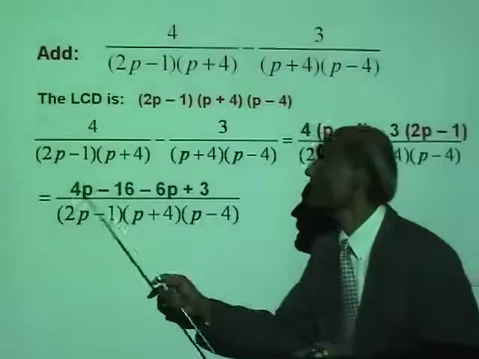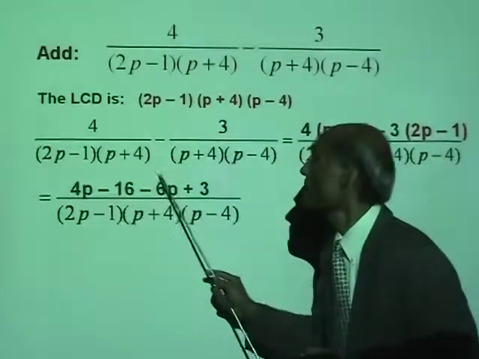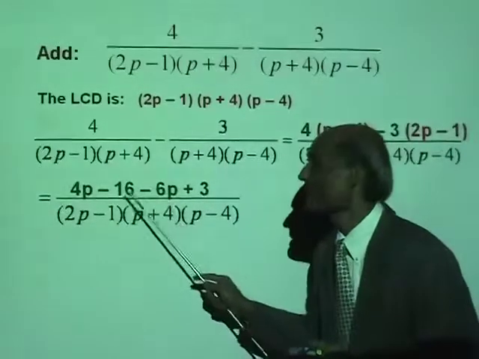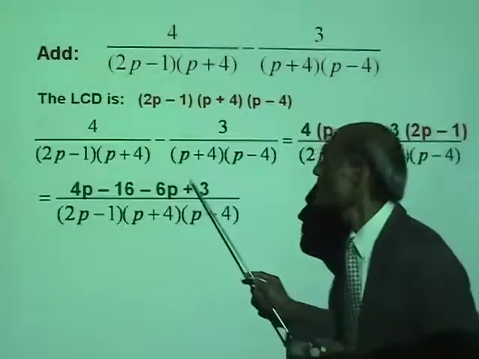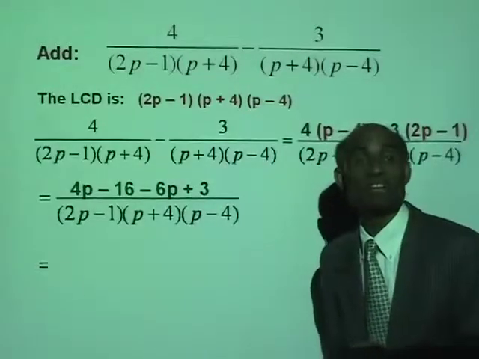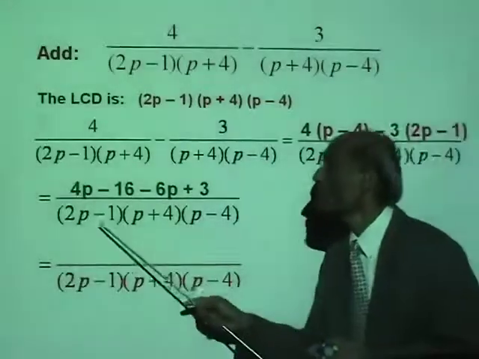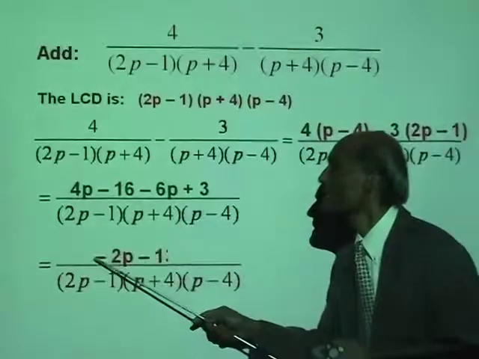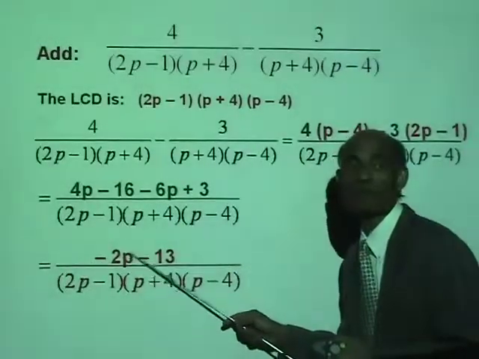And simplify that. 4p minus 6p is a negative 2p. And minus 16 plus 3 is a negative 13. So, again, 4p minus 6p is a negative 2p.